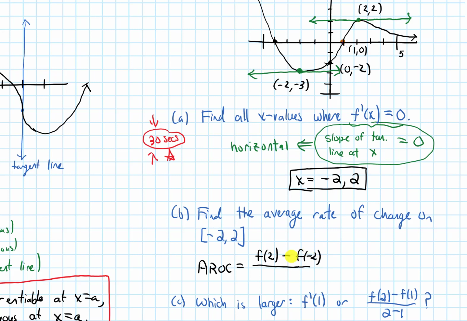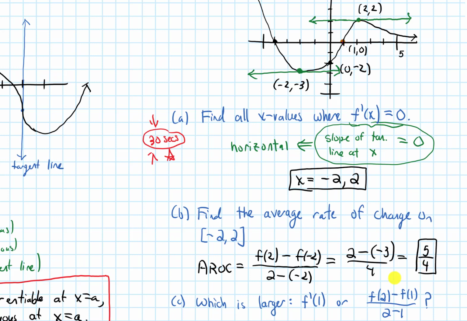I've got to subtract those y values, and on the bottom I subtract x values, 2 minus negative 2. I see that the y value at 2 is 2, and then minus the y value when x is negative 2, which is negative 3. And on the bottom I get 2 plus 2, which is 4. Double negative becomes a positive, so I get 5 over 4, and that's my average rate of change.